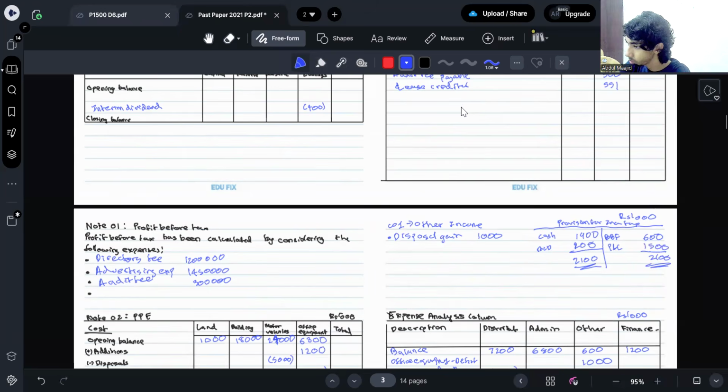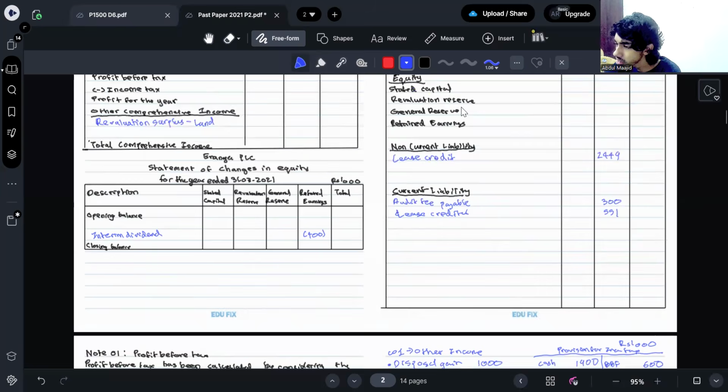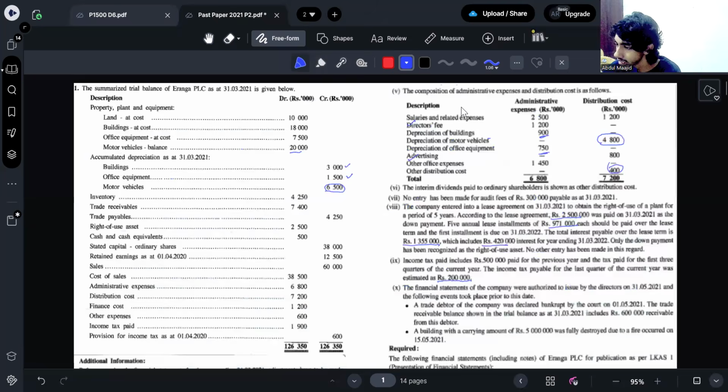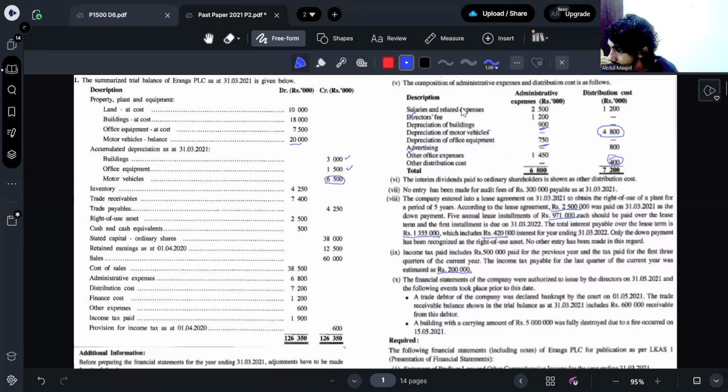1,500. So what are you supposed to show in the working? Working number 2, you are supposed to show estimated income tax. So plus or minus under over provision, you will get the income tax for the year. So how do you find estimated income tax? That is income tax paid for this year.